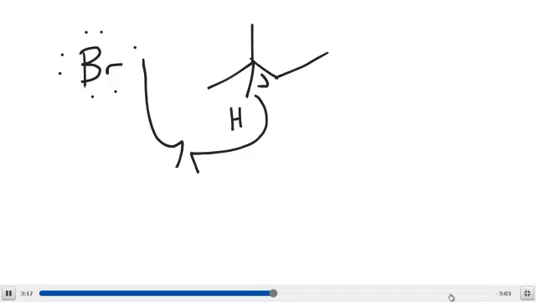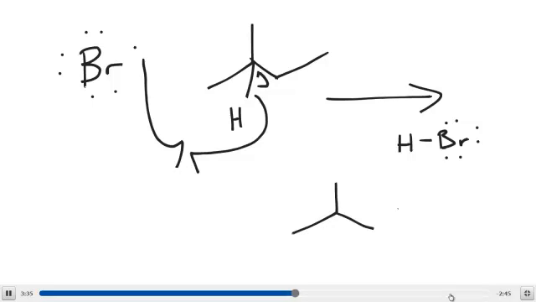So make sure you're showing all of your arrows, because you have to show where every last one of them is going in this process. So in this process, you make a molecule of HBr, and this is always in the gas phase, and then you're going to make your alkane radical. Okay, and this one's tertiary. So a radical propagated a radical. That's the first step in the propagation.